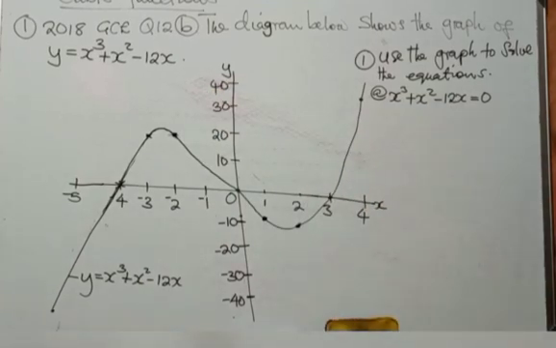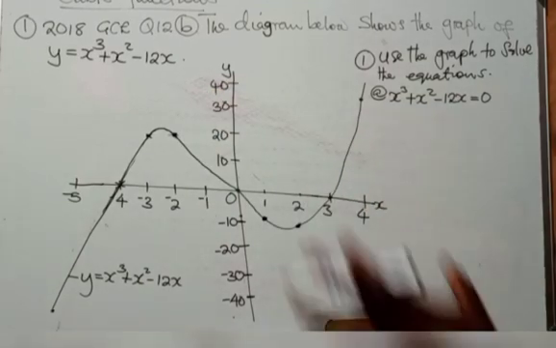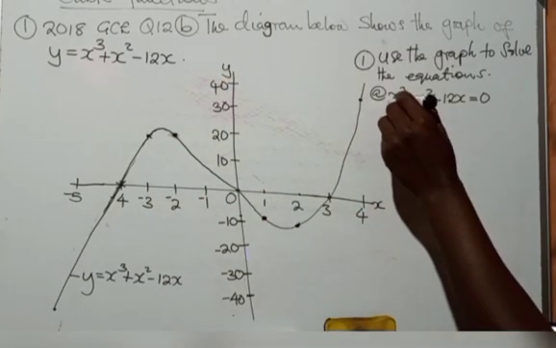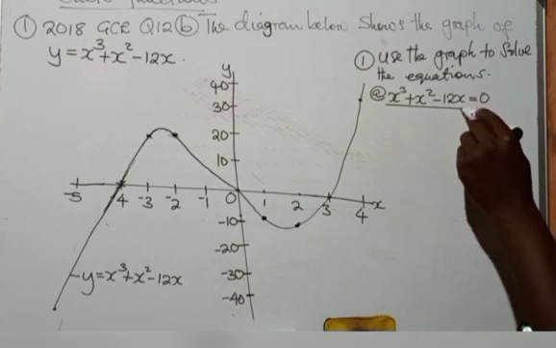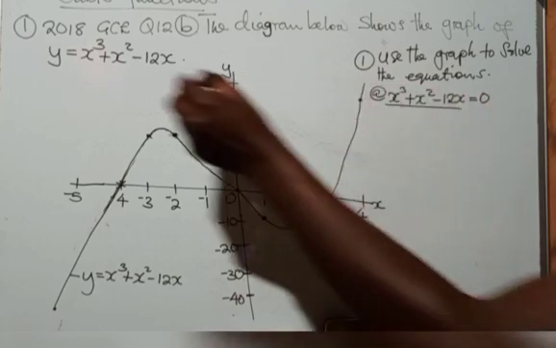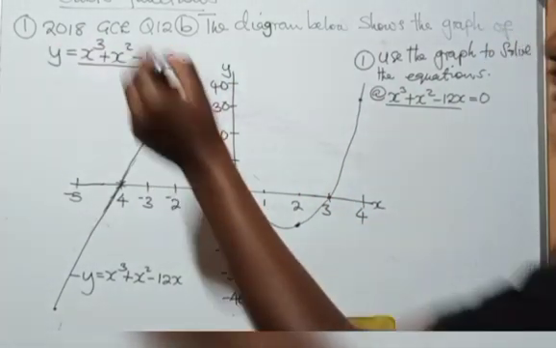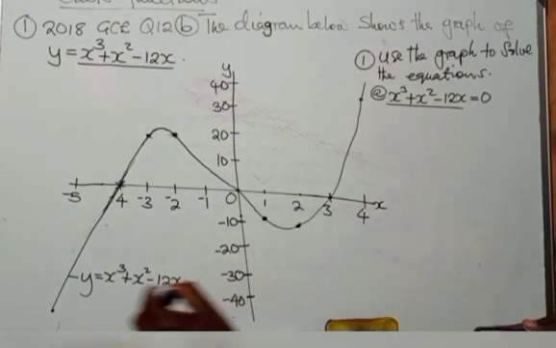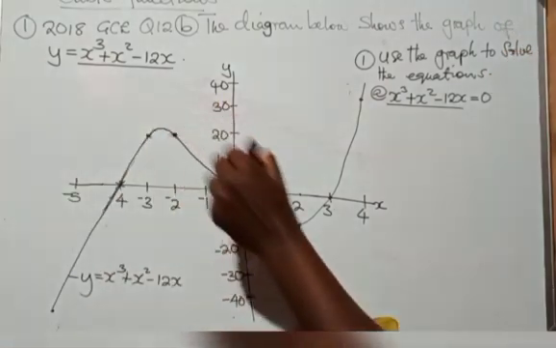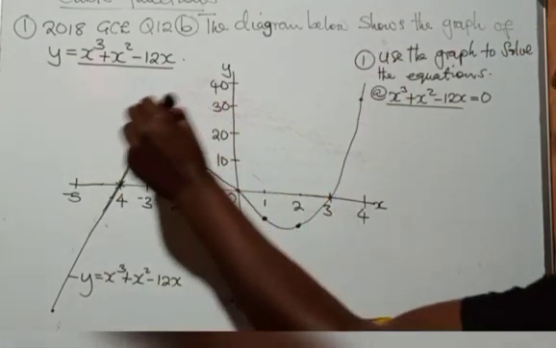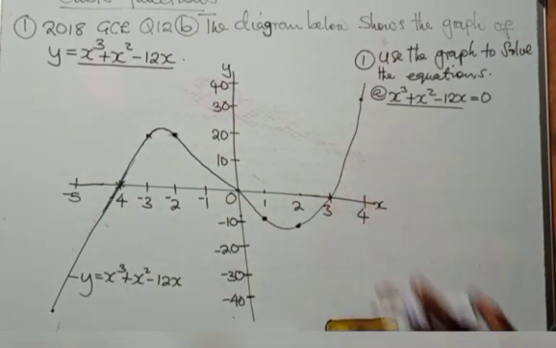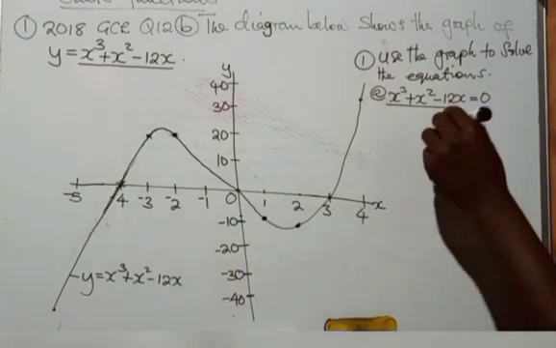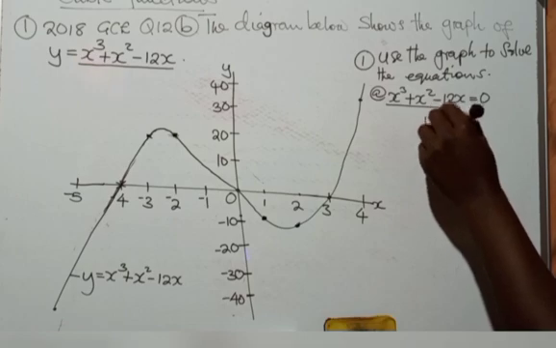So how do we solve such equations under such kind of questions? When we look at this equation, it is the same as the graph which has been plotted on this Cartesian x-y plane. So this means that we are going to equate this one to y.